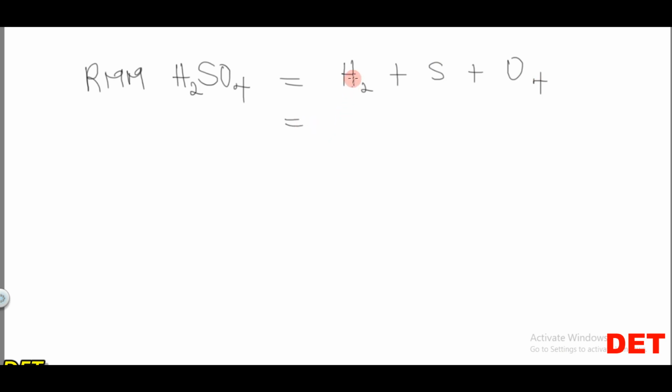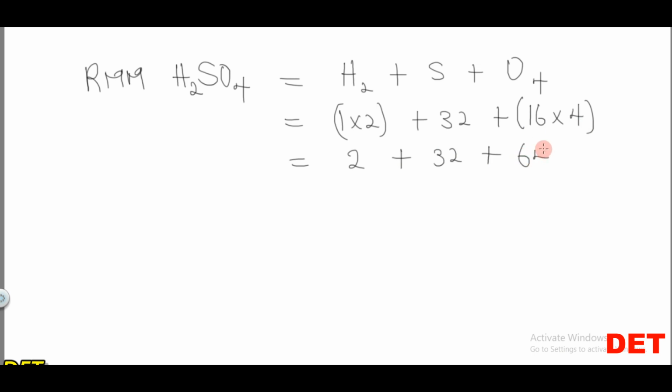The relative atomic mass of hydrogen is 1, so that is 1 times 2, plus the relative atomic mass of sulfur, 32, plus the relative atomic mass of oxygen, 16, times the 4 atoms of oxygen. So 1 times 2 gives 2, plus 32, plus 16 times 4, which gives 64. Adding 2 plus 32 plus 64, that will be equal to 98 grams.